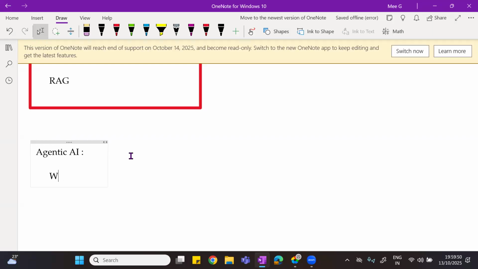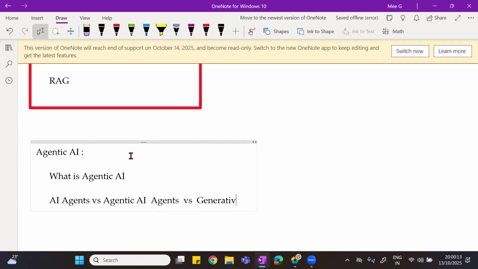First one is what is agentic AI. Next one is AI agents versus agentic AI. What is the AI agent versus agentic AI agents versus generative AI agents.